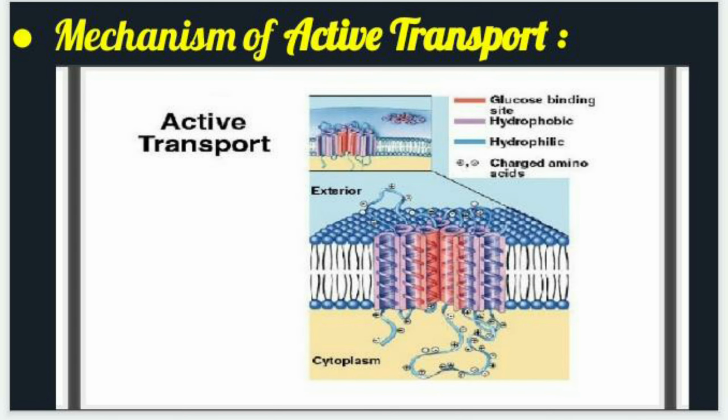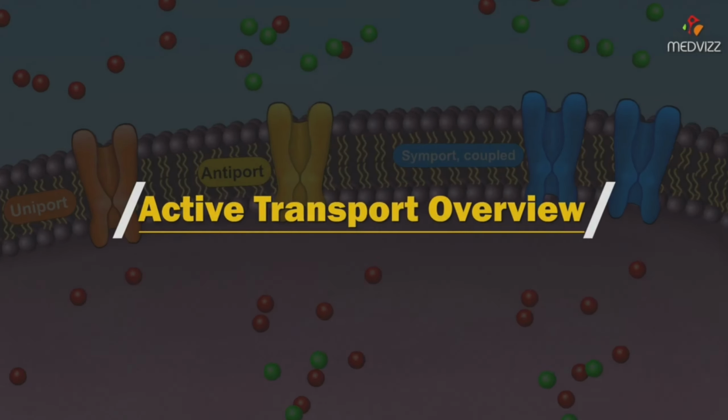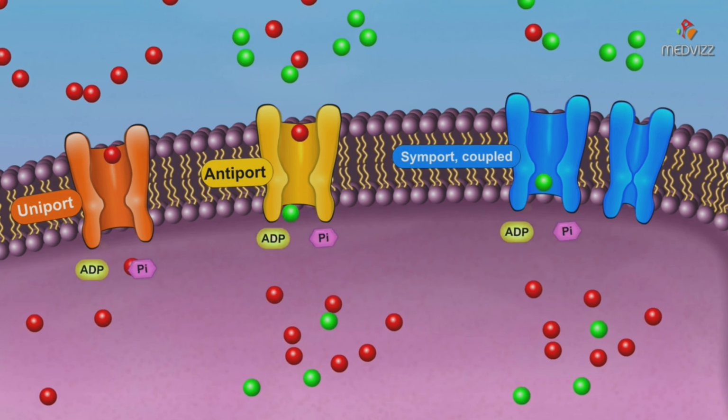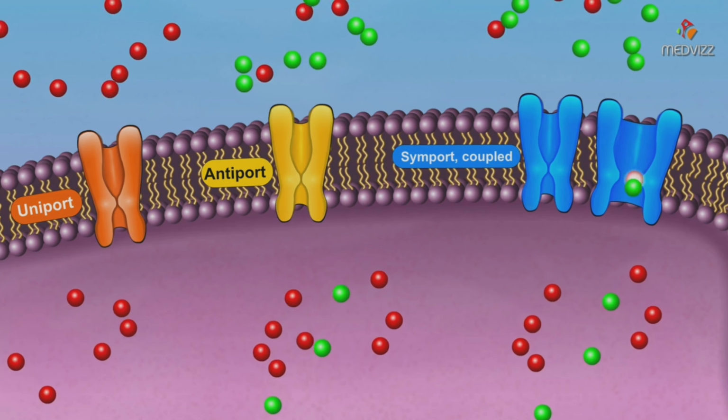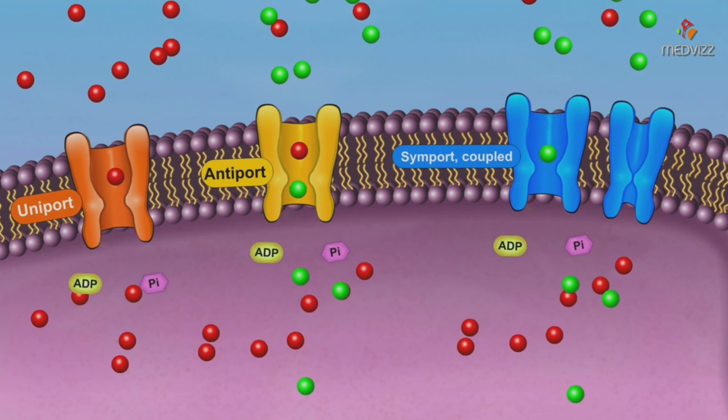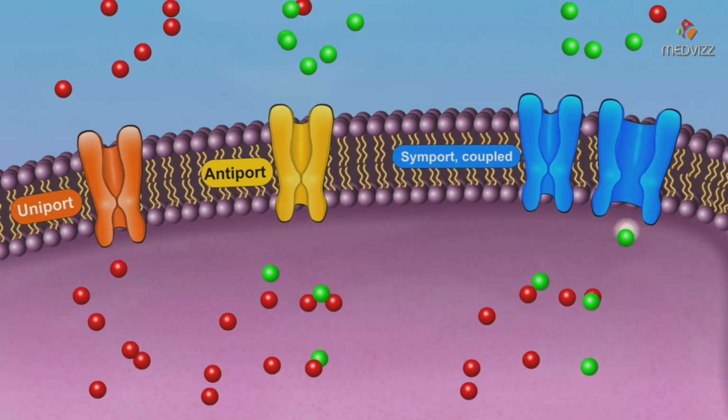Now let's take into account the mechanism of active transport for better understanding. Active transport requires the cell to expend energy in the form of ATP to transport material across the cytoplasmic membrane. This is usually against the concentration gradient. Active transport is usually of three types.